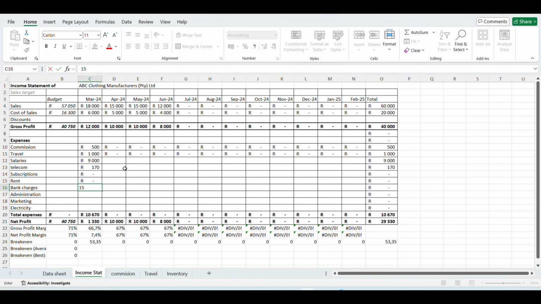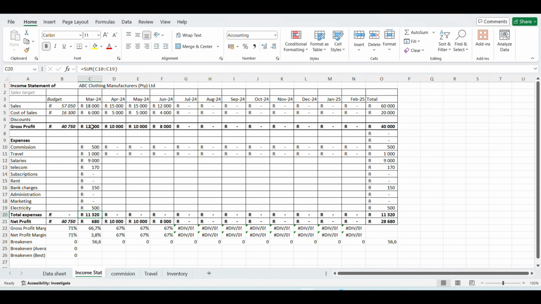Bank charges maybe about 150 Rand. Administration, no. Marketing, no marketing. Electricity, that maybe 500 Rand. Right? So you can see once you put in your total expenses, you calculate your net profit.